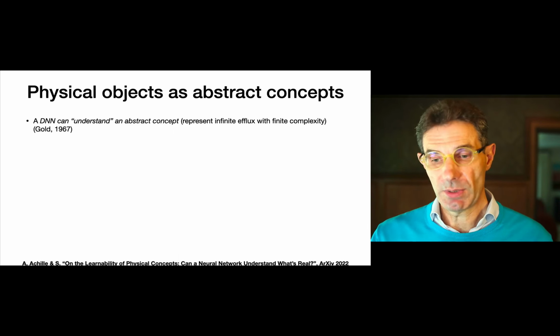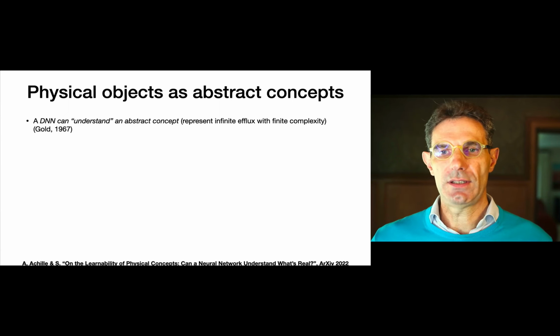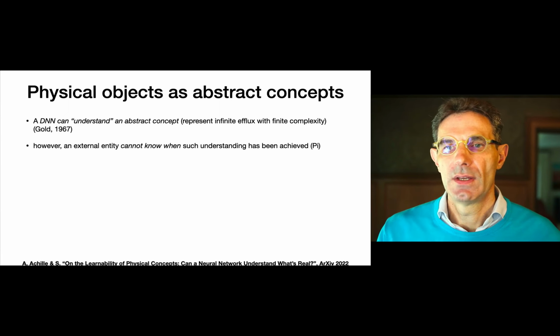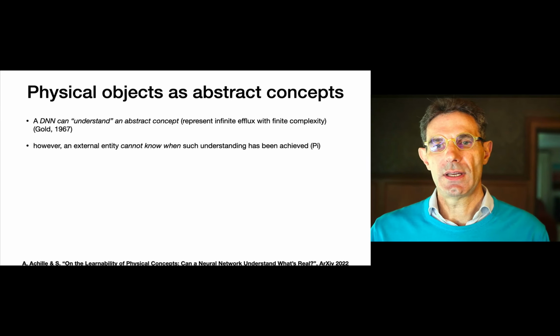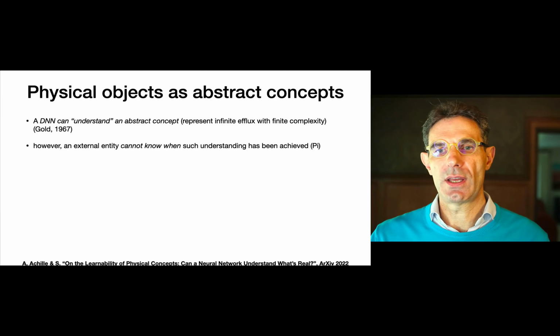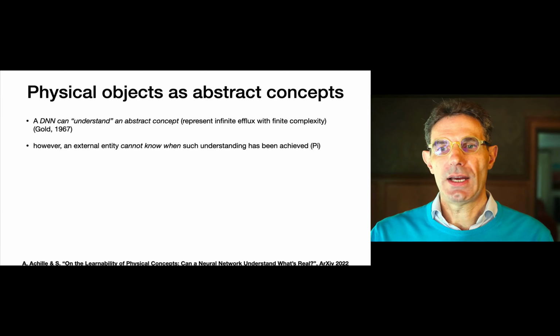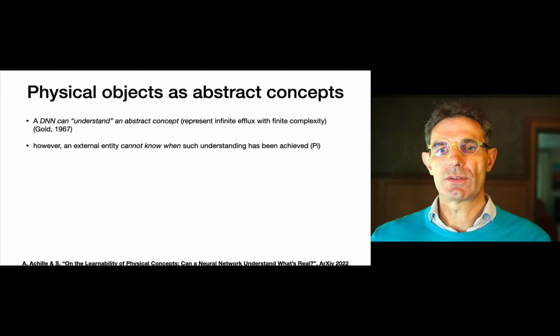Okay. So similarly, if instead of pi you're looking at the scene, can you get the scene? Can you understand the scene? Gold in 1967 taught us, and we translated it into the language of networks, that a deep network can actually understand an abstract concept, meaning that it can represent infinite time with finite memory, even though it has an infinite efflux of data.